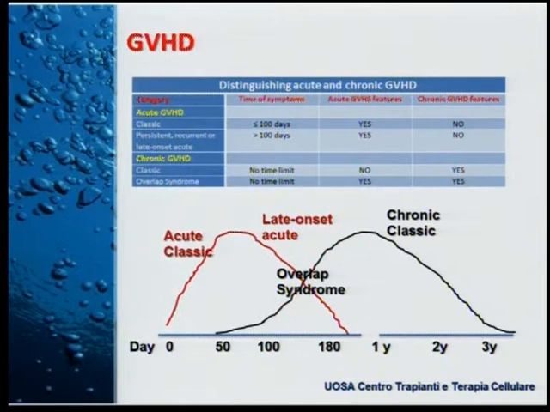We can observe a classic acute GVHD that occurs in the first 100 days after the transplant, followed by a late onset acute GVHD that occurs after 100 days, an overlap syndrome characterized by the expression of both acute and chronic GVHD, and finally, a classic chronic GVHD that occurs within 3 years after the infusion.